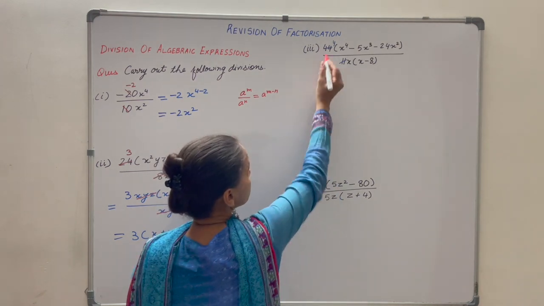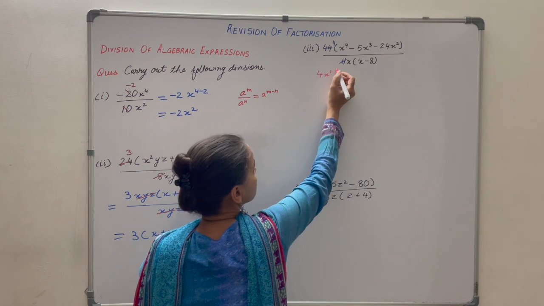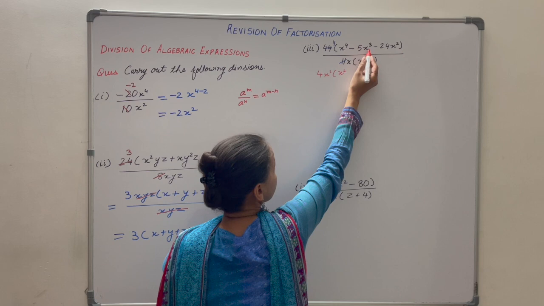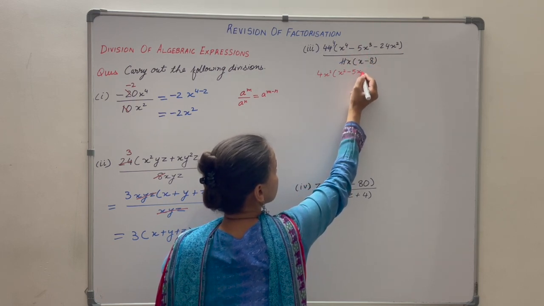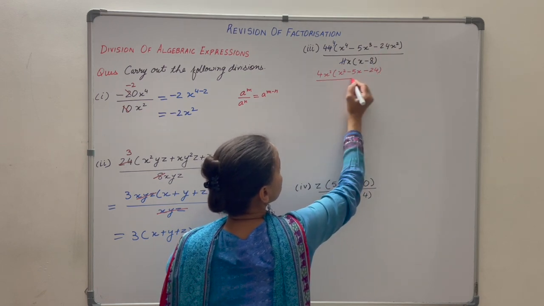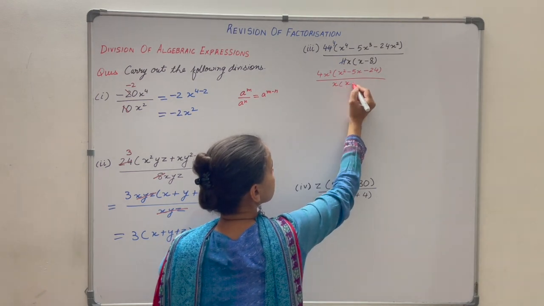So in the numerator, you have 4. X square you are taking common. So here what is left? X square minus 5. X square you have taken common, so x. So minus 5x minus 24 upon x into x minus 8.